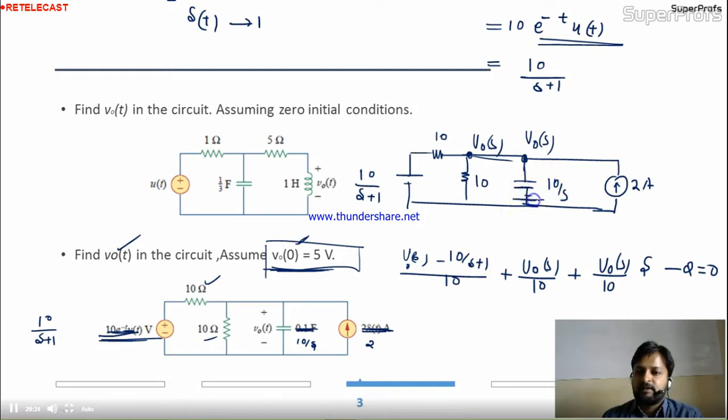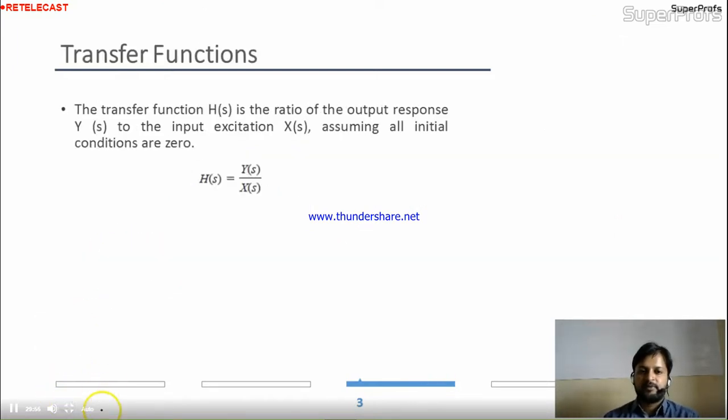Here I have to write V naught by s, meaning 5 by s. 5 by s also. Okay. So this circuit will be plus 5 by s, like this. So here also you will get V naught s, and then take the Laplace transform, you will get the answer. This is homework for you. I hope this is clear to you.